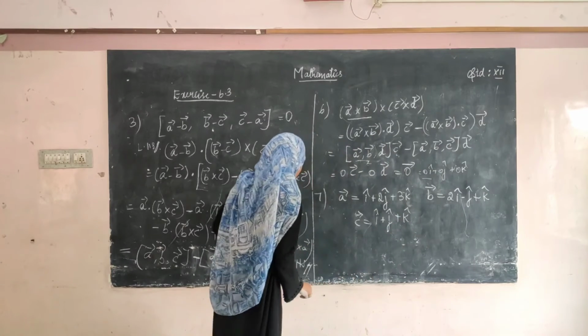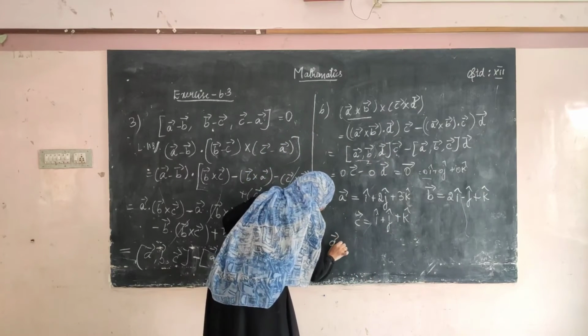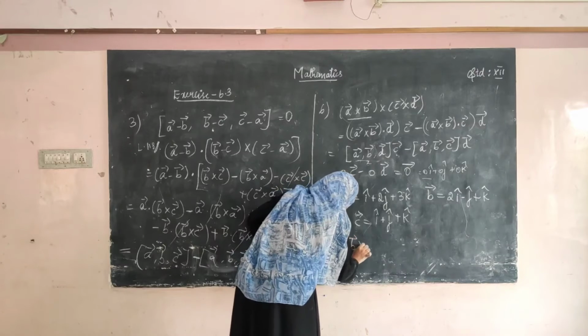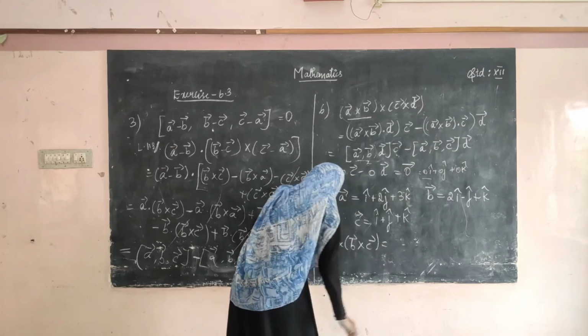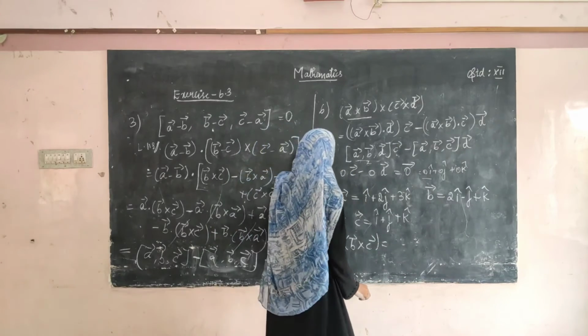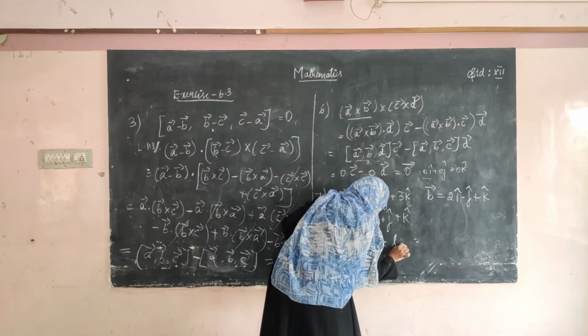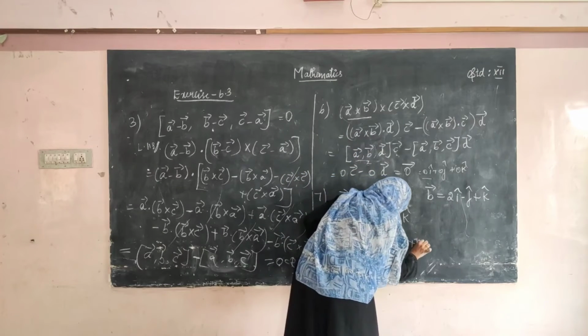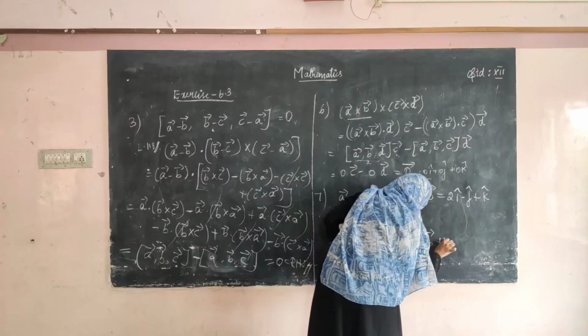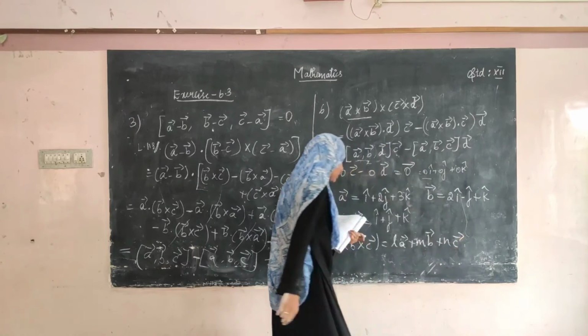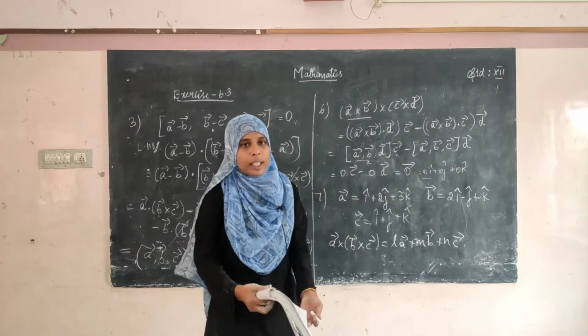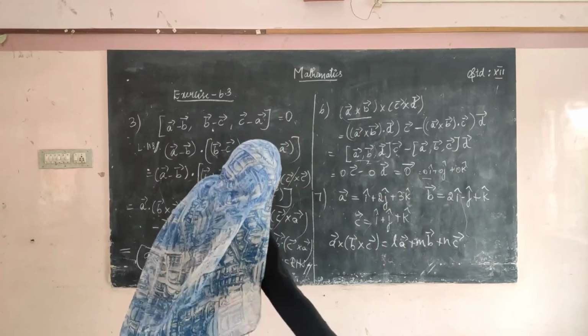The condition they have given is a vector cross b vector cross c vector equal to l into a vector plus m into b vector plus n into c vector. So using this condition we have to find the values of l, m and n.